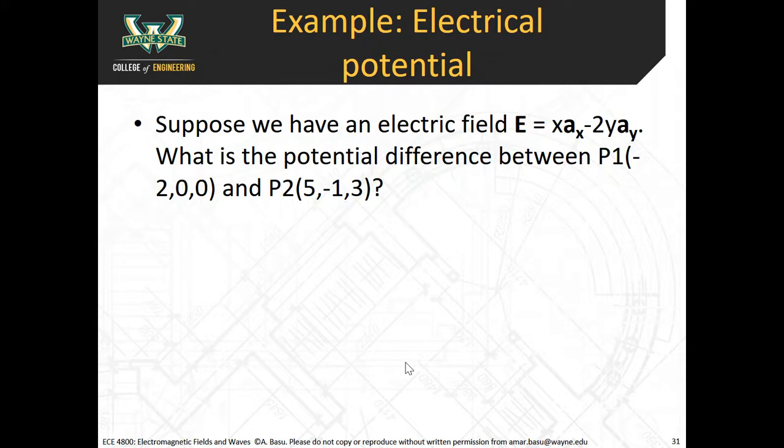So I'm just going to put down the formula on the board here. V2 minus V1 is equal to the negative integral from P1 to P2 of E dot dl.